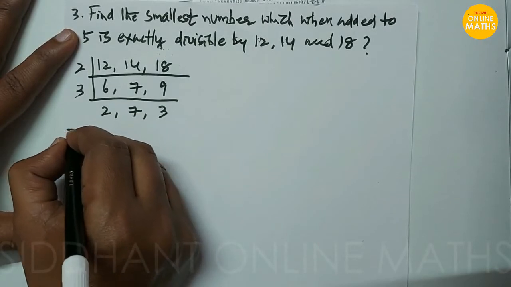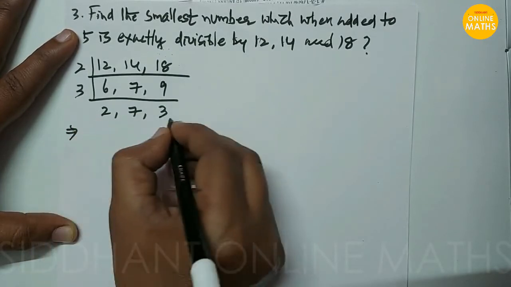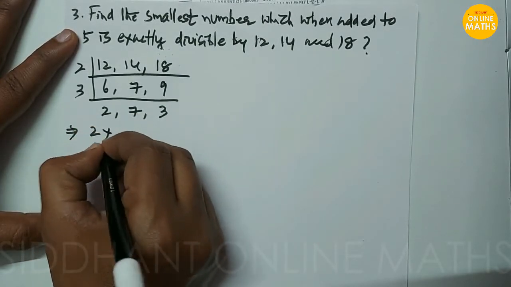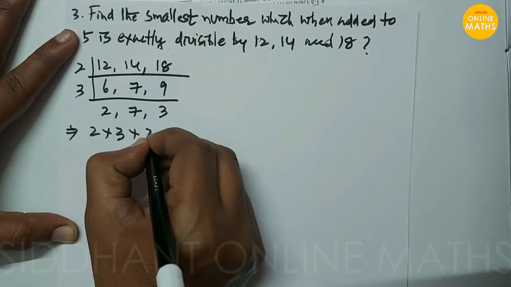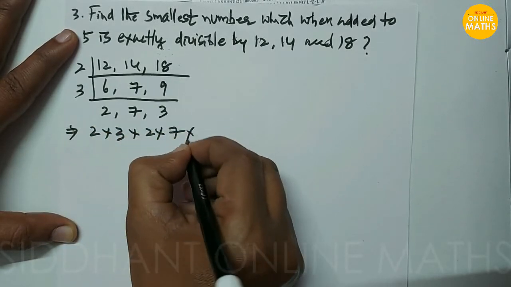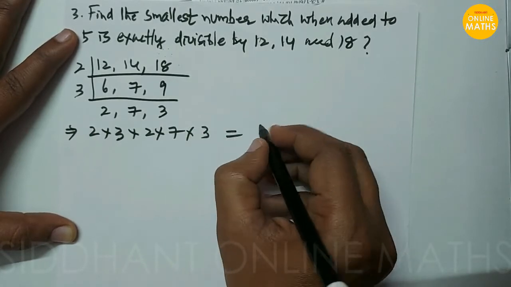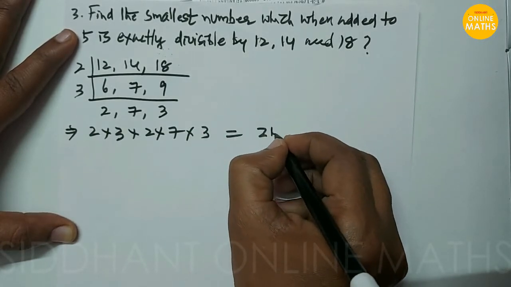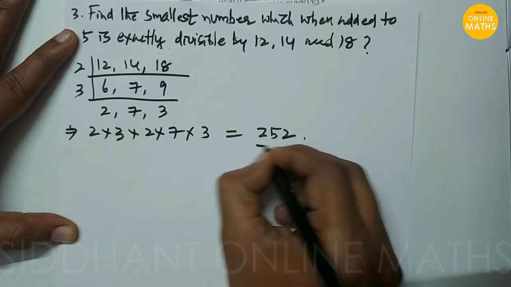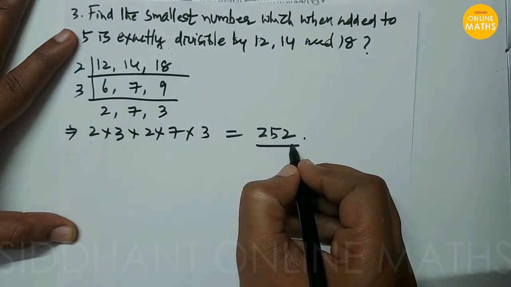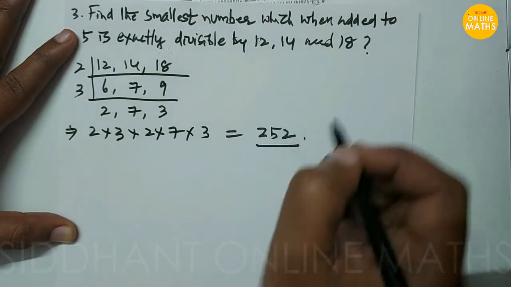Now we just multiply the divisors and remainders: 2 into 3 into 2 into 7 into 3, so that will be 252 here. So this is the number which is divisible by 12, 14 and 18.